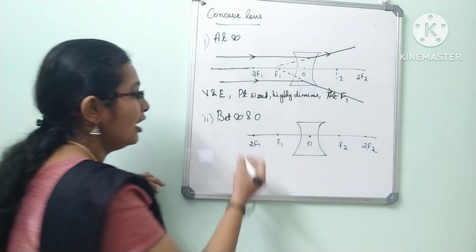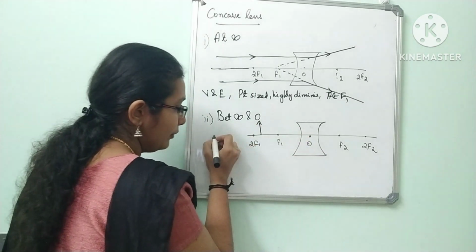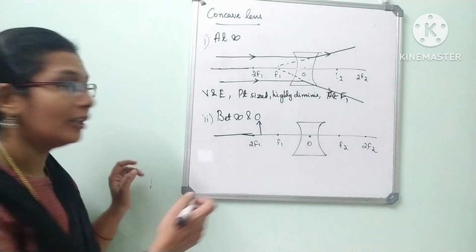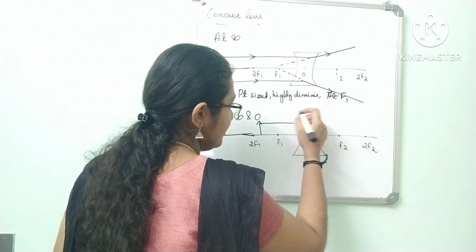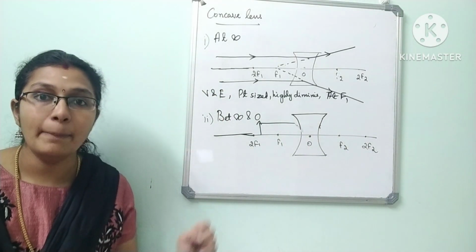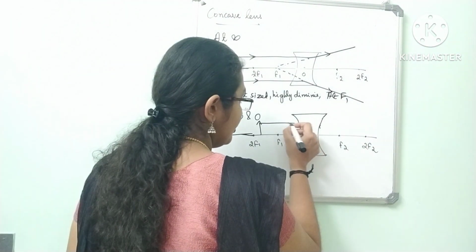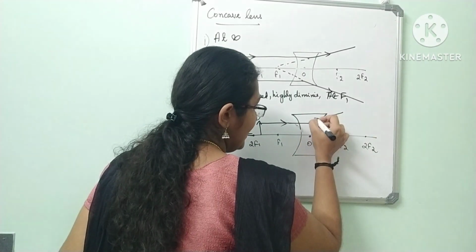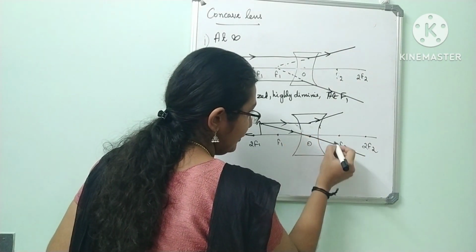And the second point is anywhere between infinity and O. So let me keep it here. Anywhere between infinity and O you can keep your object. So a ray parallel to the principal axis, you can draw a little bigger size of your lens. Let me try to adjust my diagram. If you draw a perfect diagram using rulers, you will get the exact position. So a ray parallel to the principal axis after refraction diverges actually. And a ray passing through the optic center goes undeviated.